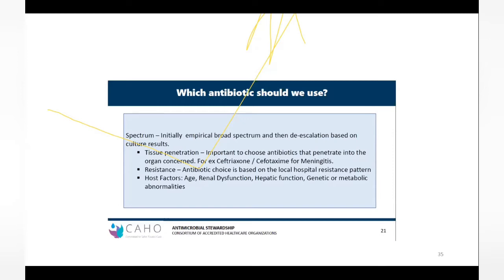For such infection, nitrofurantoin or norfloxacin or fosfomycin should be considered. So with tissue penetration, the antimicrobial should be chosen such that it is active at the site of the infection. Then the resistance pattern, the intrinsic resistance or the local antibiogram resistance pattern, should be taken into consideration during empirical therapy. The host factors like age and other comorbid factors need to be considered.